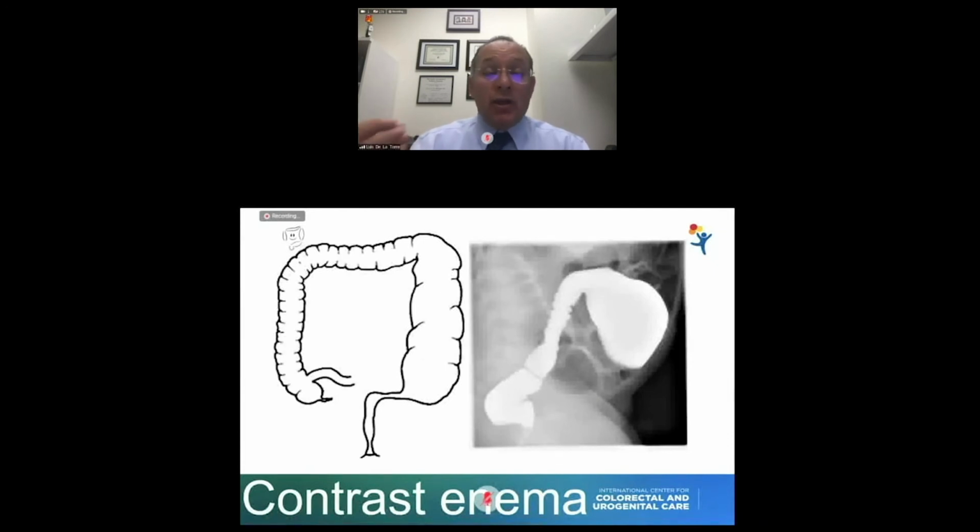So when you order a contrast enema, your doctor, your surgeon, your GI prescribe a contrast enema for Hirschsprung disease, this study should be performed under a very strict protocol. It's not just the contrast enema that we usually use for all other problems. For Hirschsprung, it requires a specific protocol.